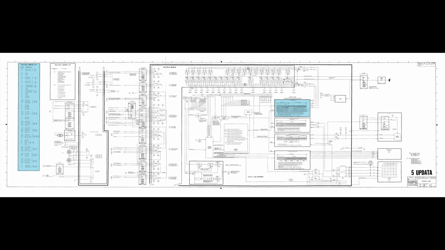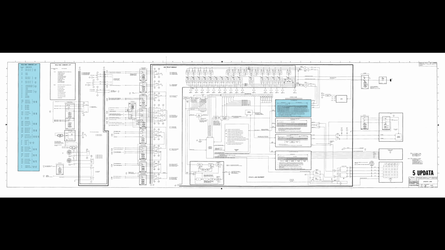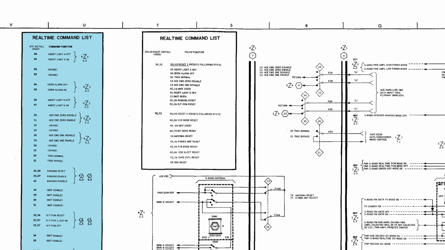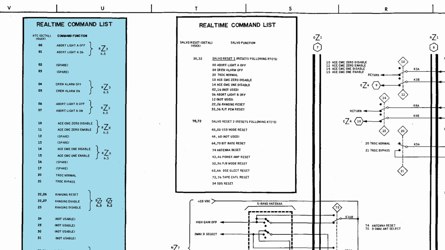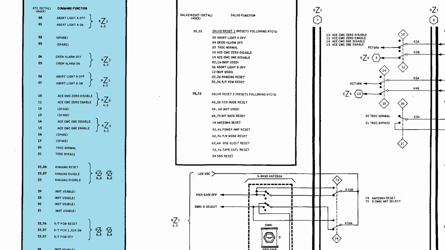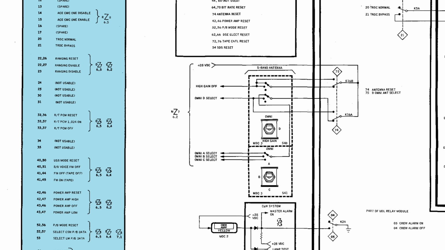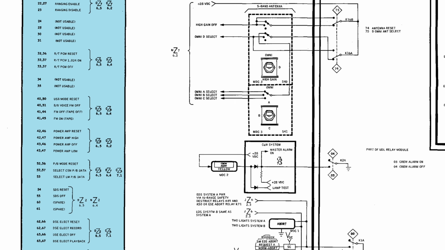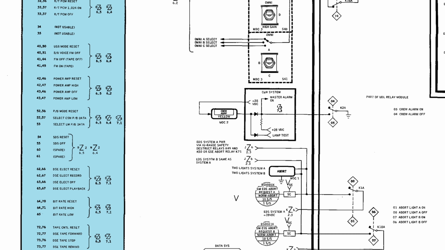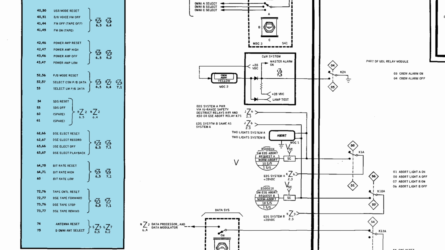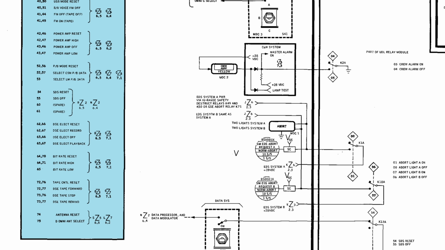Before we leave the subject of RTC commands, let's briefly scan the ones we have not already talked about. You'll quickly discover that they all have to do with controlling the data communication system: turning the transmitter power amplifier on, resetting the antenna configuration, turning ranging and telemetry on, switching the telemetry bitrate, and controlling the tape data recorder.